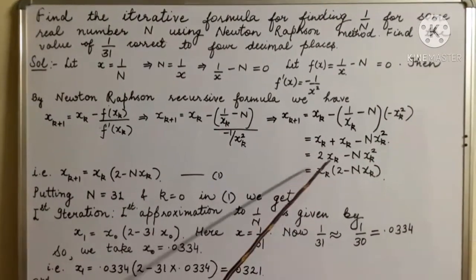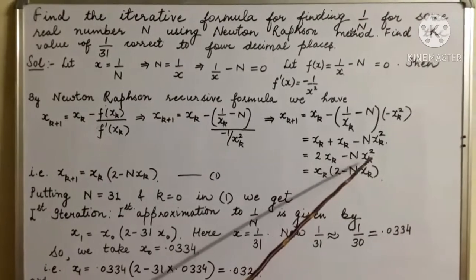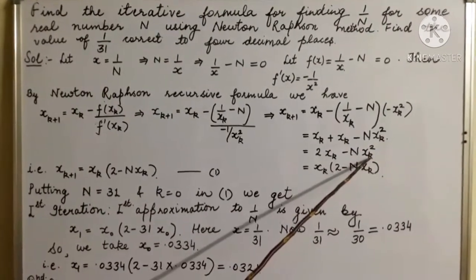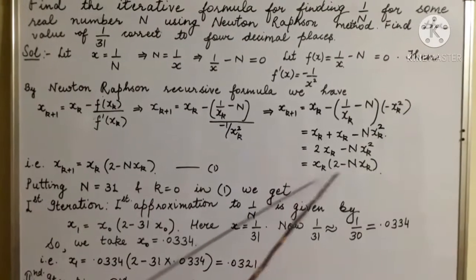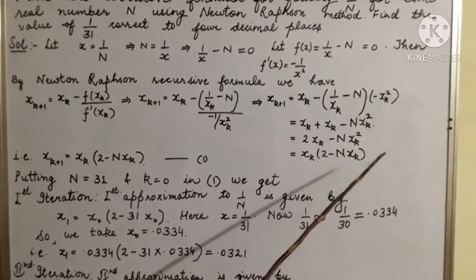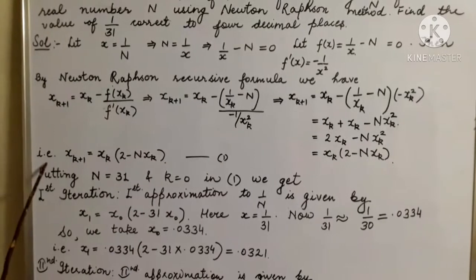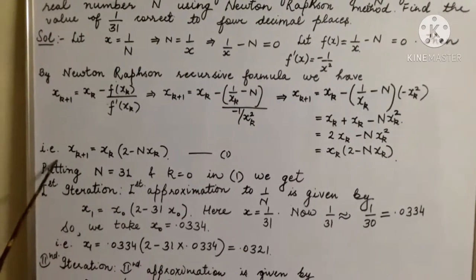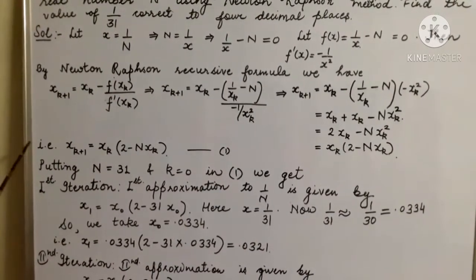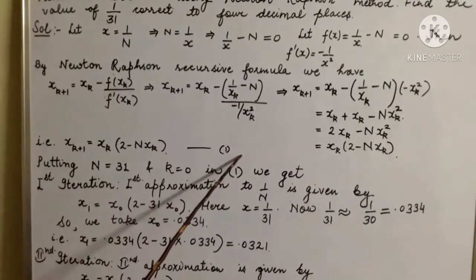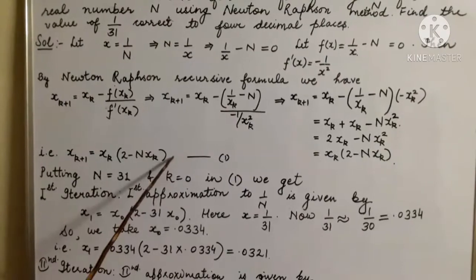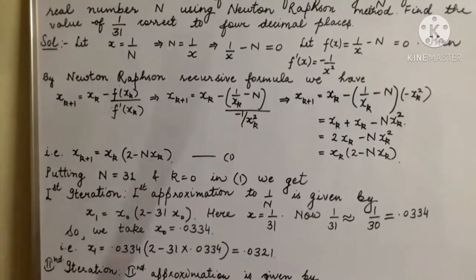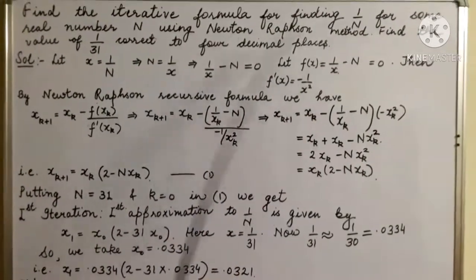This will be further equal to 2 times xk minus N into xk square. xk is common here. We will write it down outside the brackets: xk into (2 minus N xk). So this formula in equation number 1 is the required iterative formula for finding the reciprocal of a real number capital N. Now let us see the second part of the question.